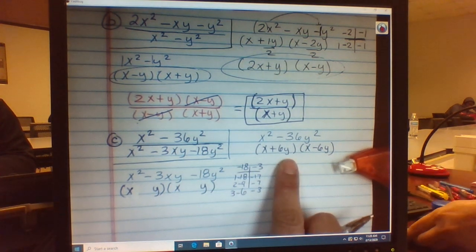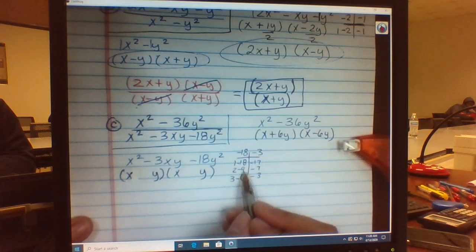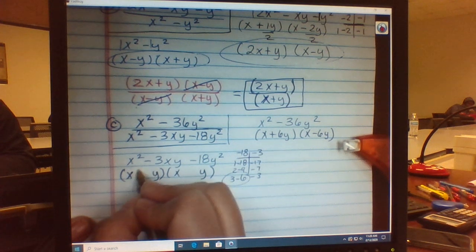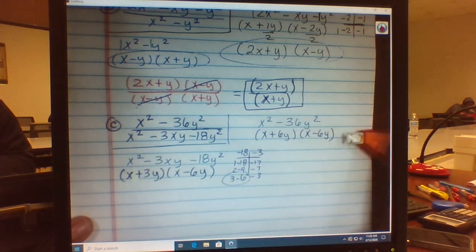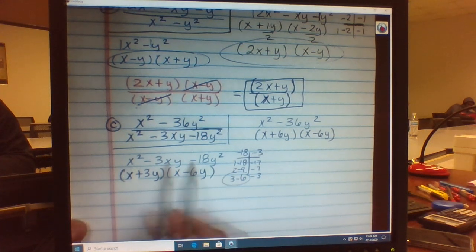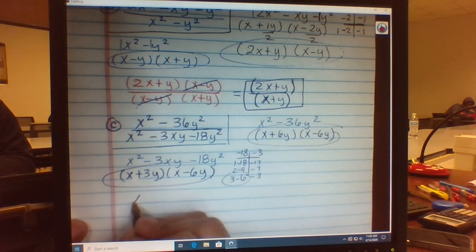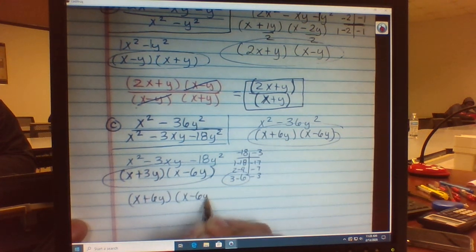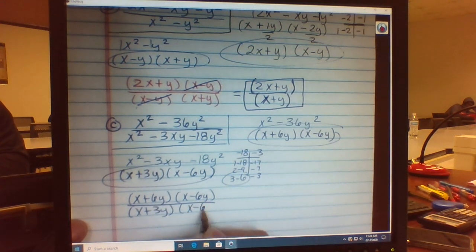So did we get this one for the top? Yes? The bottom one, I have to use these two, so it becomes a plus 3 and a minus 6y. Yes? Bottom, top, we write it out. x plus 6y, x minus 6y, x plus 3y, x minus 6y.